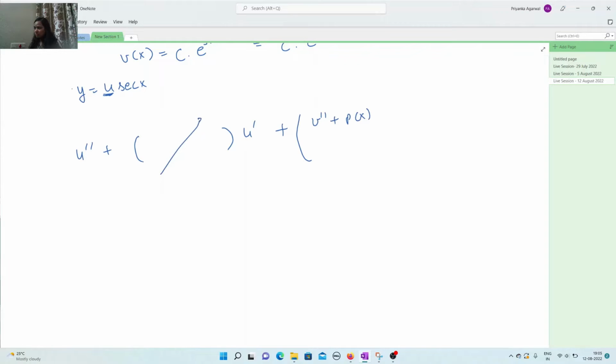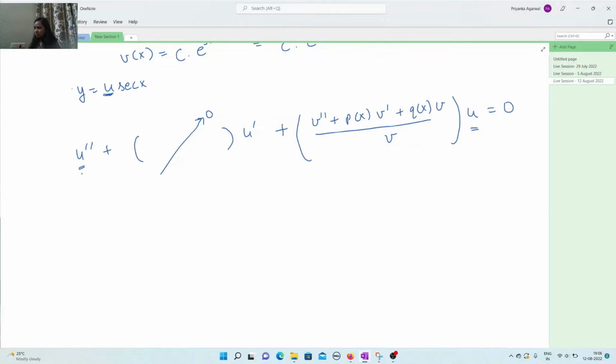This coefficient will be 0, plus (2p u dash plus p dash u over u) into v equals to 0. So now this equation is in terms of v.